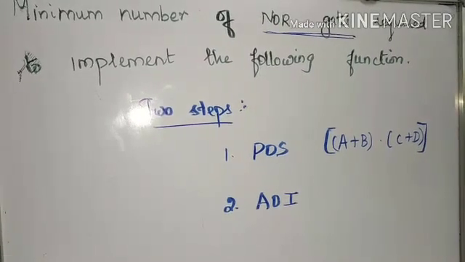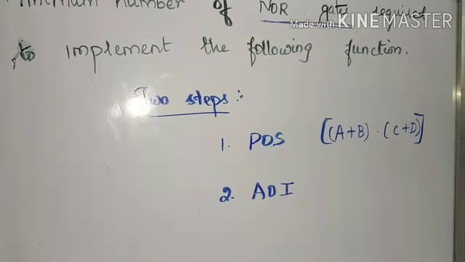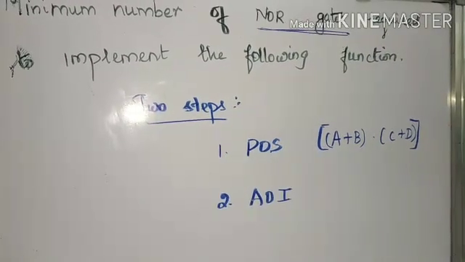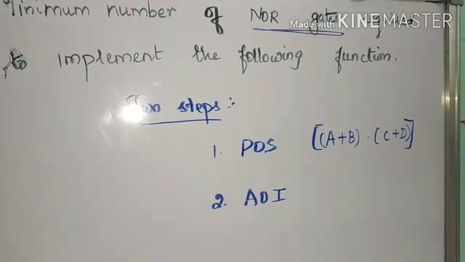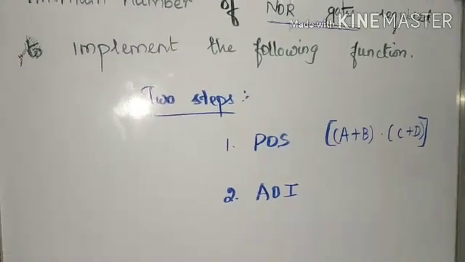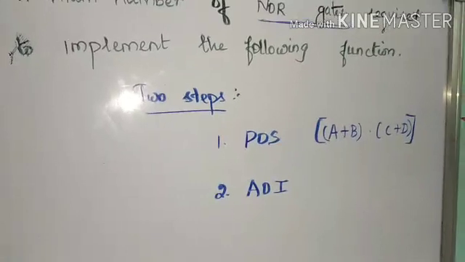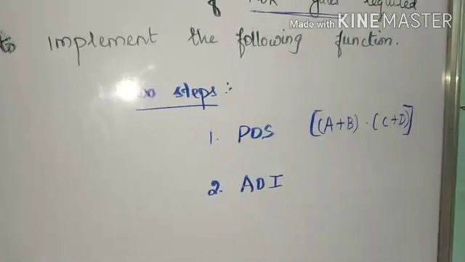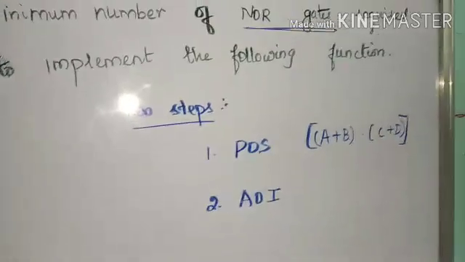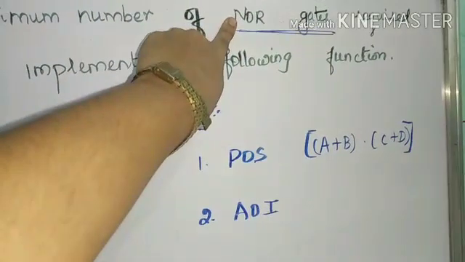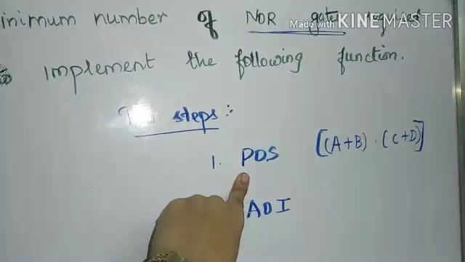We have to follow two main steps in order to find the minimum number of NOR gates required to implement any Boolean algebraic expression. For NAND gates, there are also two steps. Listen carefully. For NAND gate, the function should be in SOP format.